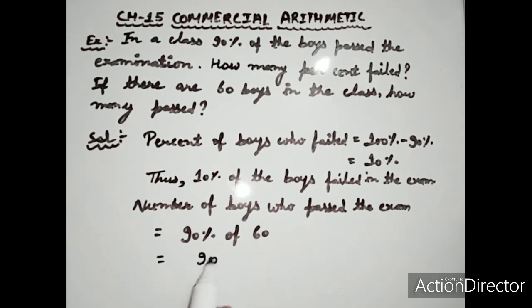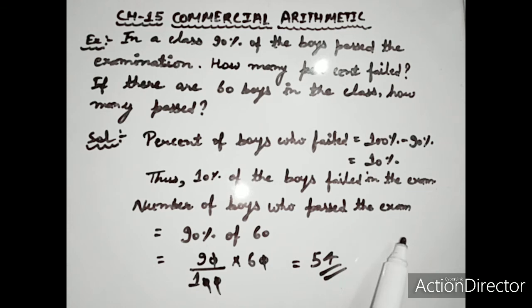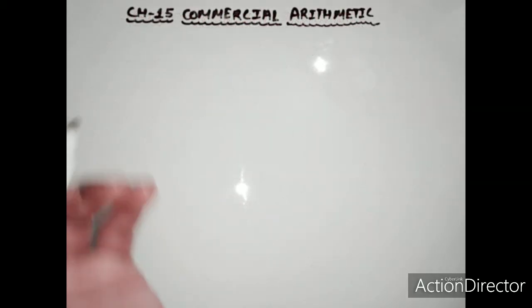So here 90 upon 100 multiplied by 60. Now zeros cancel out by zeros and 9 sixes are 54. Number of boys who pass the exam, 54 boys. Now the next example.